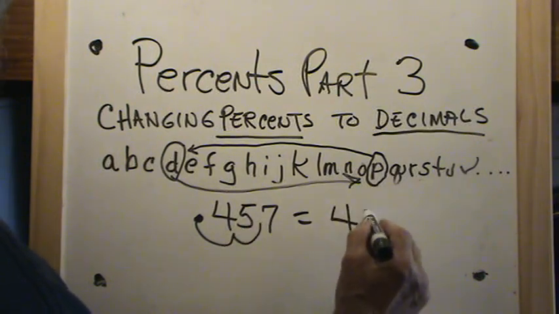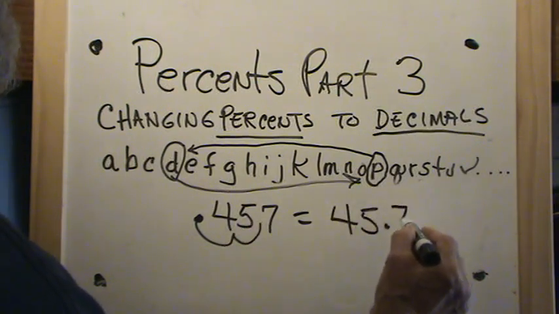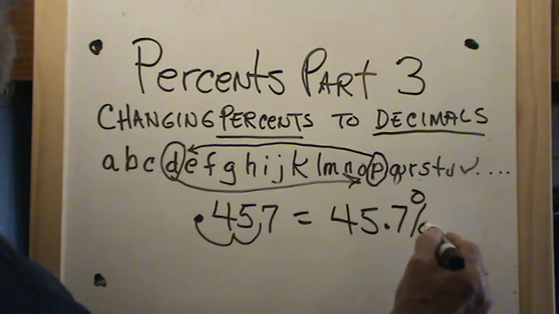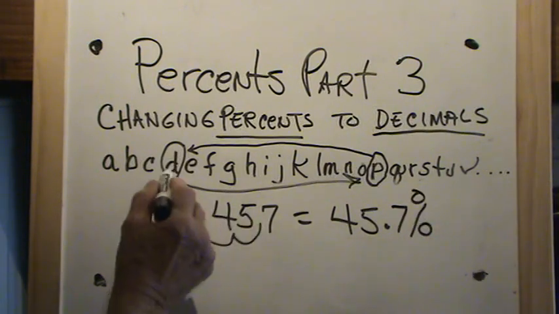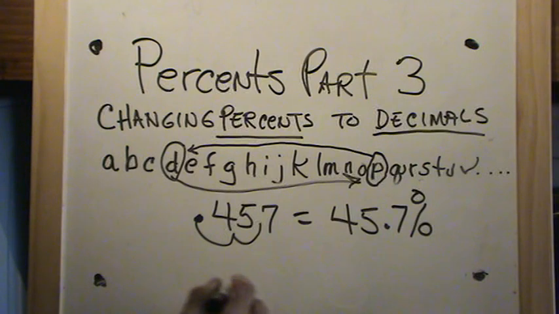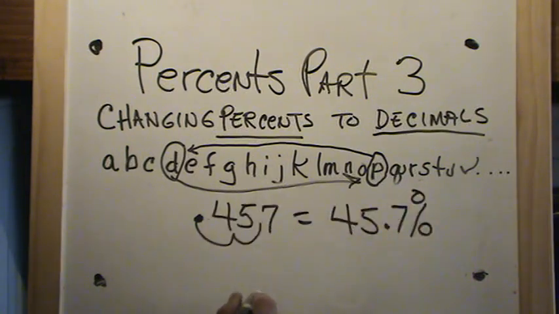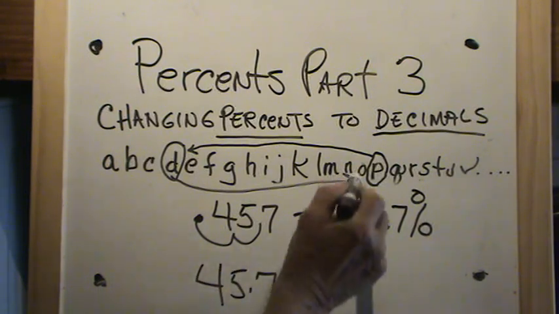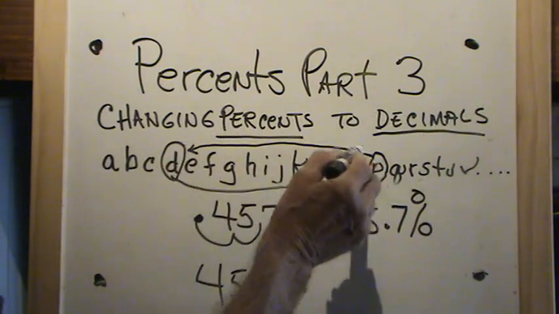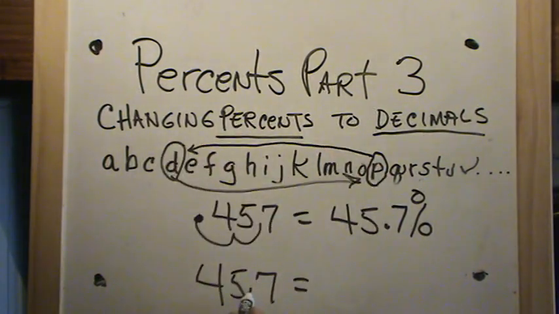So we get 45 7/10%. Move 2 places to the right when we're changing decimals to percent, and put the percent sign. If we're changing percents, if we're going from P to D, from percent to decimal, we move the decimal 2 places to the left because we're moving that way in the alphabet.